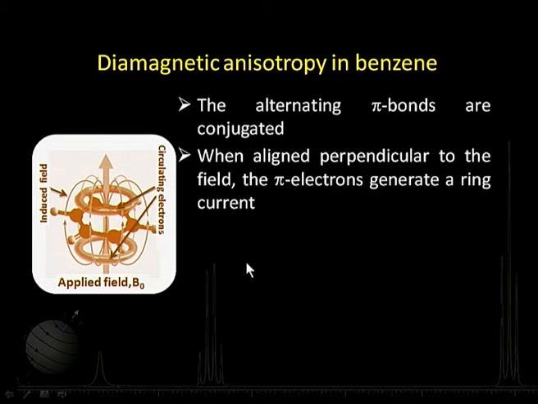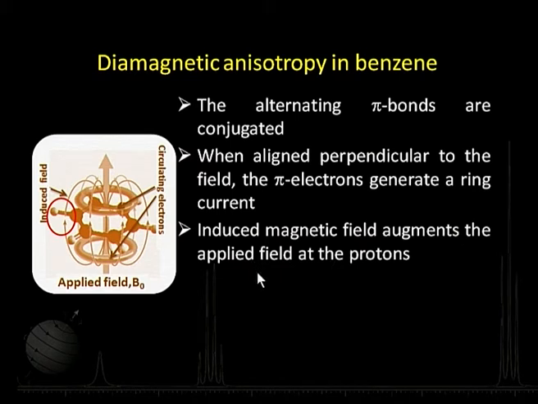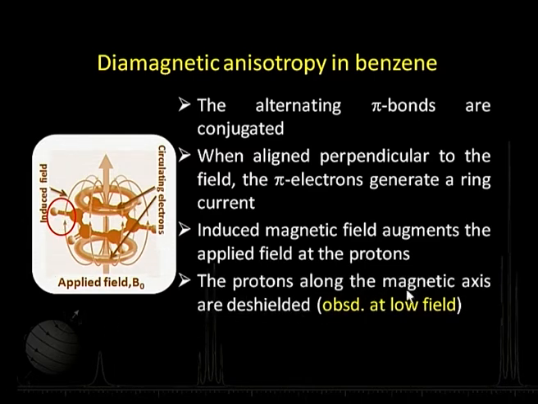That means, they get into circulation, and as a consequence they create a magnetic field here, and this magnetic field is very strong, and this actually augments, like in case of ethylene, the applied field at the protons here. As a consequence, the protons along the magnetic axis are de-shielded, that means, they are observed at low field, and since this effect happens to be very strong, we find the shift is much larger. Benzene comes to resonance at a chemical shift of about 7.27 ppm, which is exceedingly low field, and which is a characteristic value for the range for aromatic molecules there.